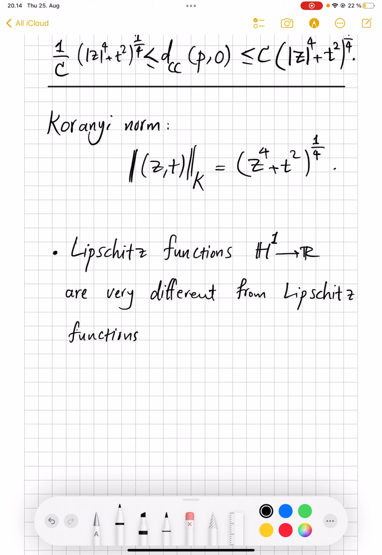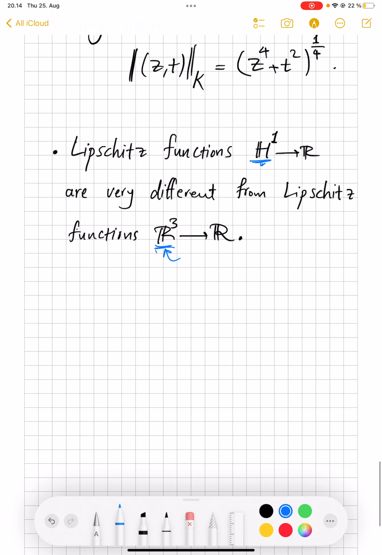So a function being Lipschitz from H1 to R is not always the same as the same function being Lipschitz as if it was from R3 to R. Often it's quite confusing because these as sets are the same and this is built on the same thing. So whatever you have, you can always go back and interpret this in terms of R3, but we have to also keep in mind that we're talking about a different distance function, and a different group structure.